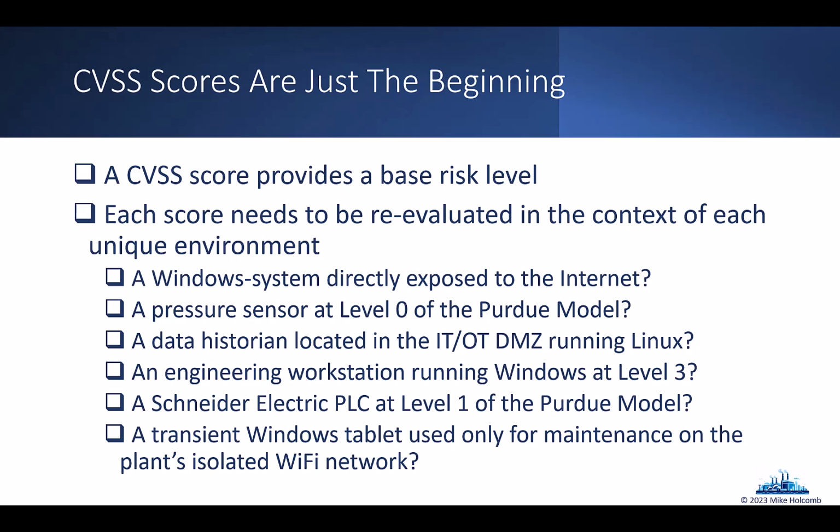But the idea is in OT, it doesn't translate completely from IT when you look at CVSS scores. We have to understand, well, yeah, we have a vulnerability. What system is it on? What part of the network is it in? What level of the Purdue model? How's an attacker actually going to get to it?